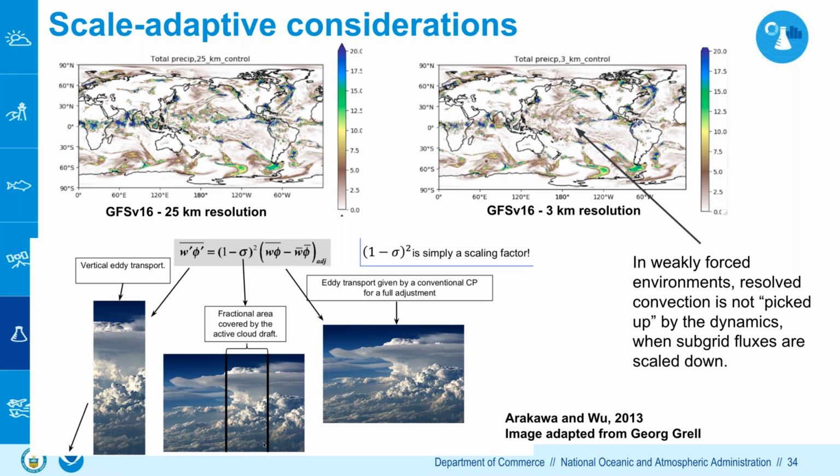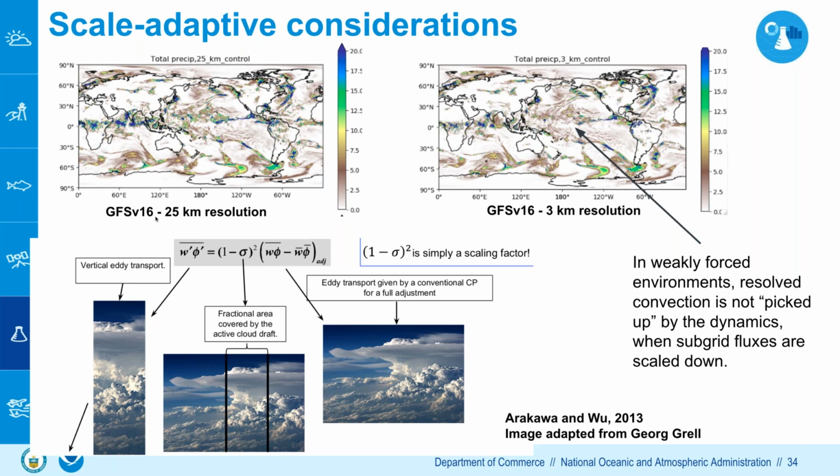He points out that this is simply a scaling factor. Convection is much more 3D than just the vertical eddy transports. It doesn't account for all of the convection. And the assumption is that if you scale down the mass flux by this factor, at say 3 kilometers, the resolved dynamics will be able to resolve the convective motion and take over.